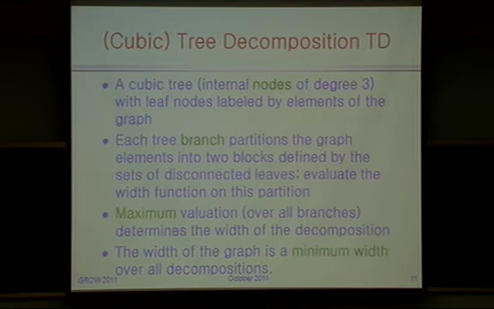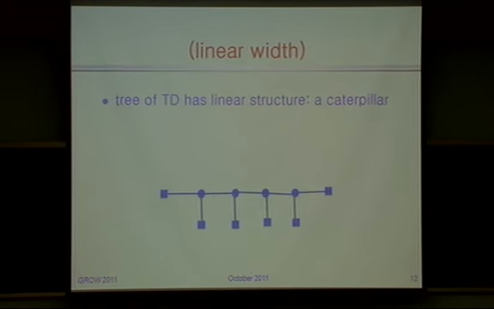determines the width of the graph. We said that the tree is just a cubic tree, so it can be of any shape, but if we have a linear structure, a caterpillar, of this decomposition tree, there is a body, and the leaves are just pendant vertices from the body, and it is a cubic tree.